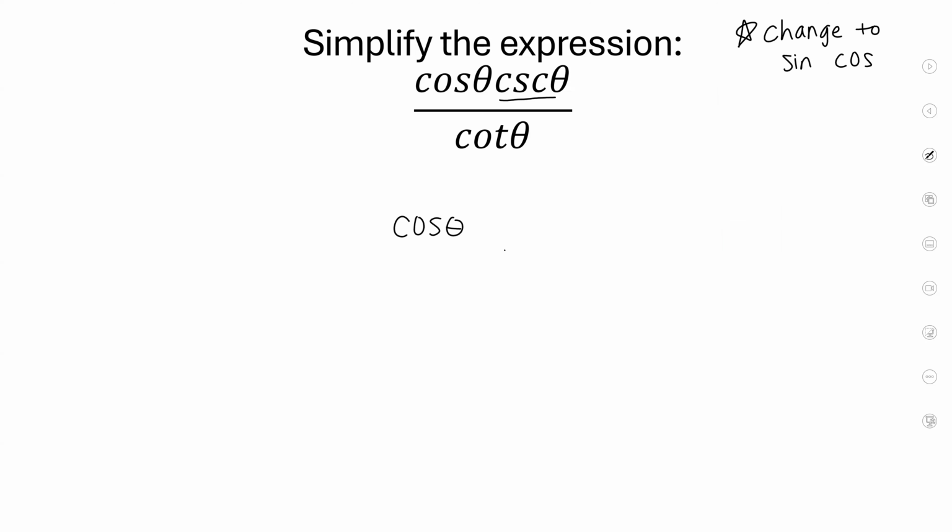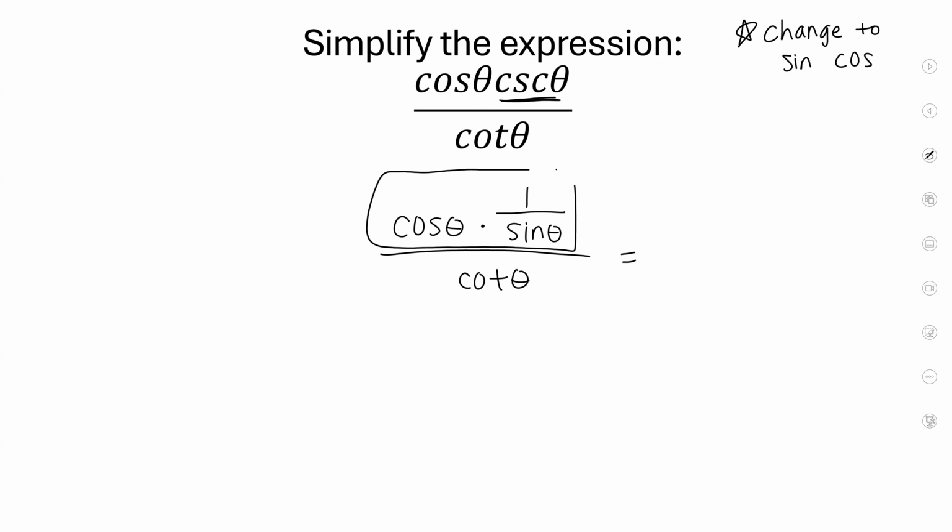That can stay the same. I'll put cotangent. I'm just going to change one thing at a time. Cosecant can be written as 1 over sine. Okay, so this numerator, when I multiply it, will become cosine theta over sine theta. My denominator is still cotangent.